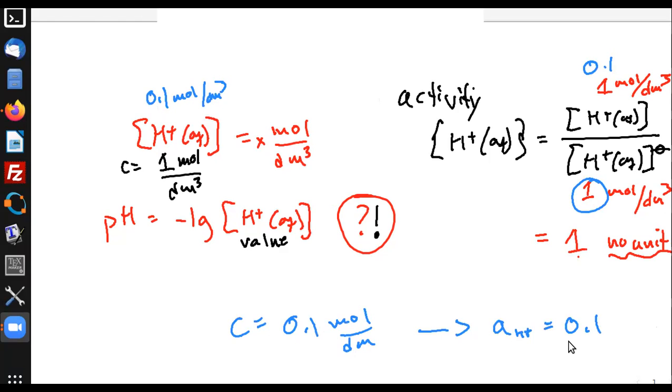So it's just the value of the concentration, so to say. And this concept, we speak about the activity of ion solutions, for example. We can also speak about activities of solid phases and liquid phases.